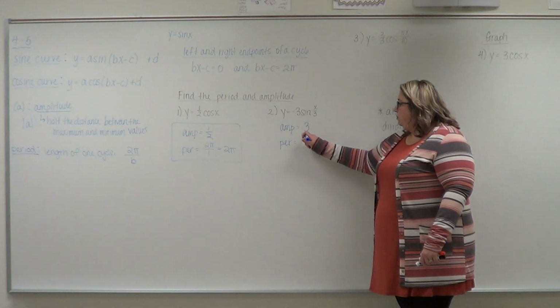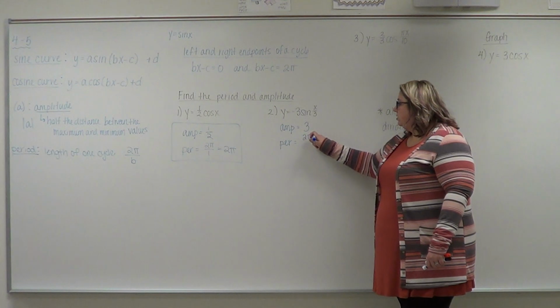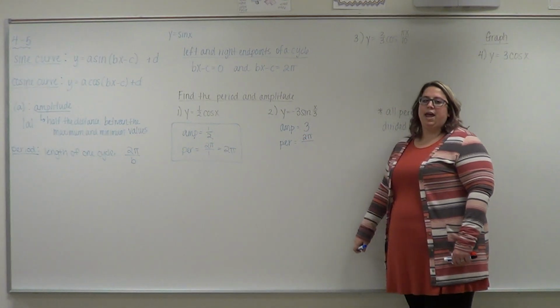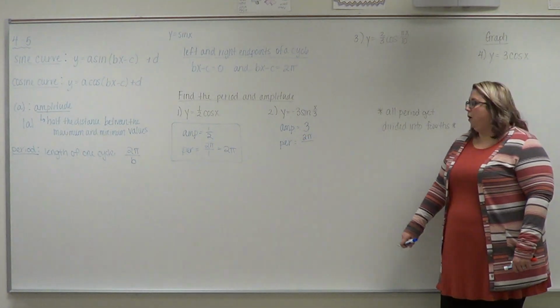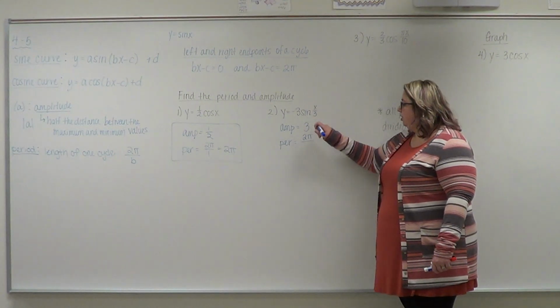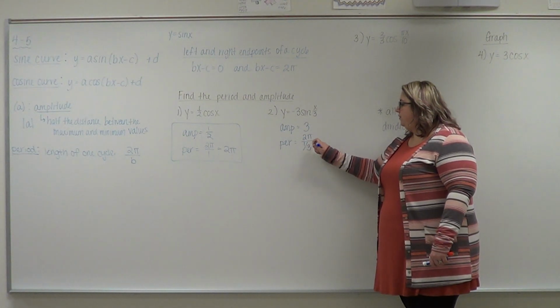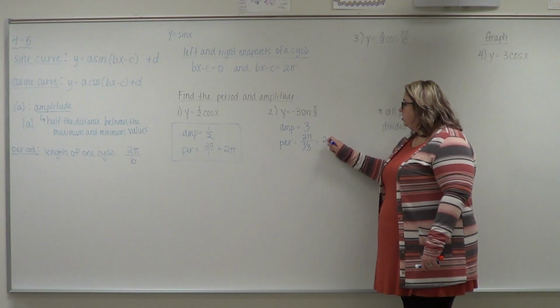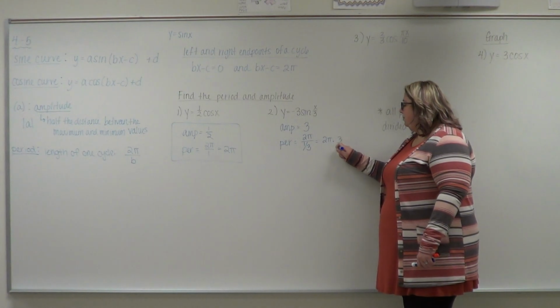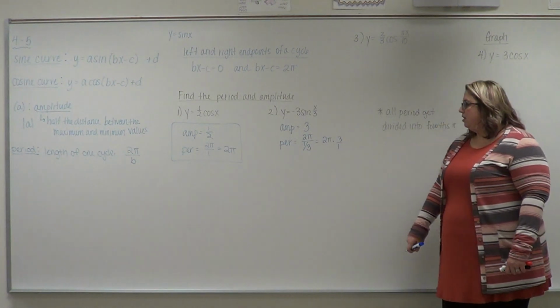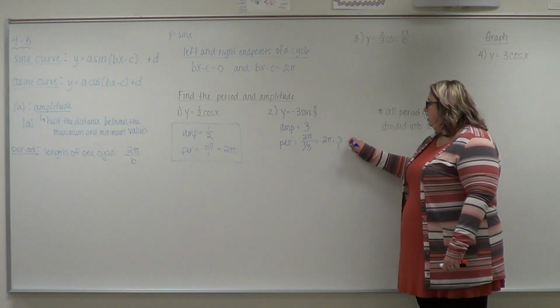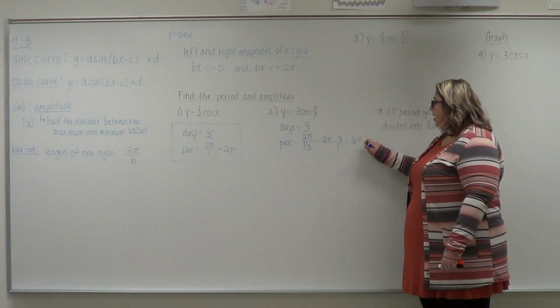And then your period would be 2 pi divided by, what's the number in front of x? 1/3. When you divide by a fraction, that's the same thing as multiplying by the reciprocal. So 2 pi times 3 would be 6 pi.